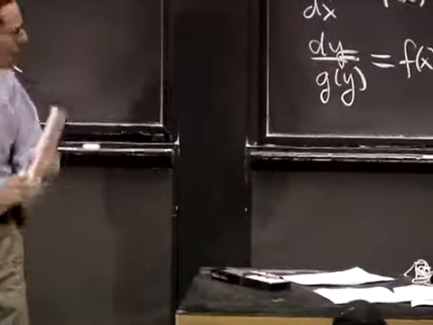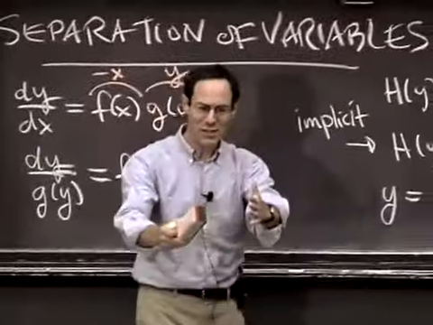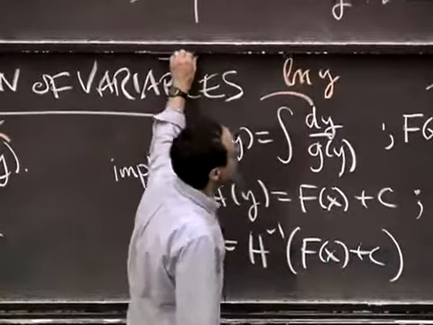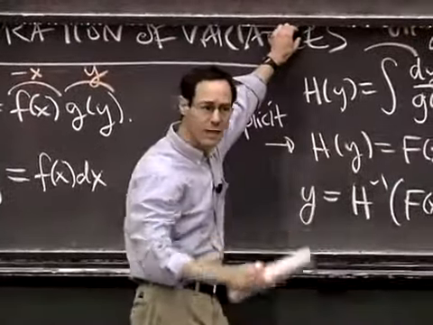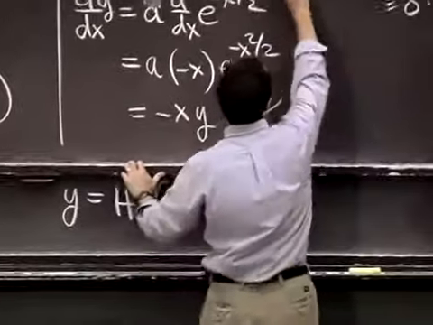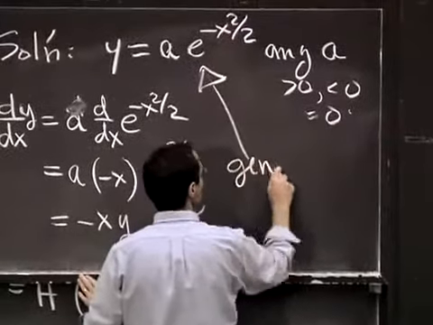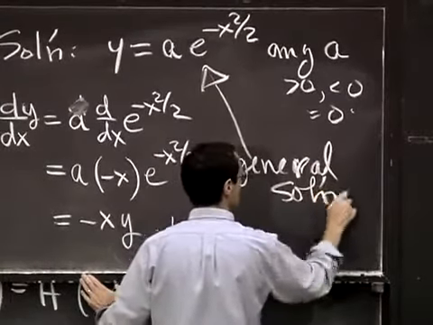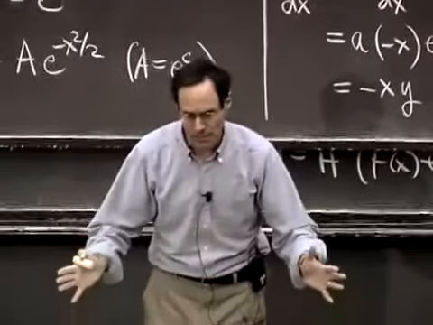So the question is, how do we deal with this ambiguity? Well, sometimes A is bigger than 0, sometimes A is less than 0, sometimes it's not. So there's a name for this, which is what's called the general solution. In other words, the whole family of solutions is the answer to the question.